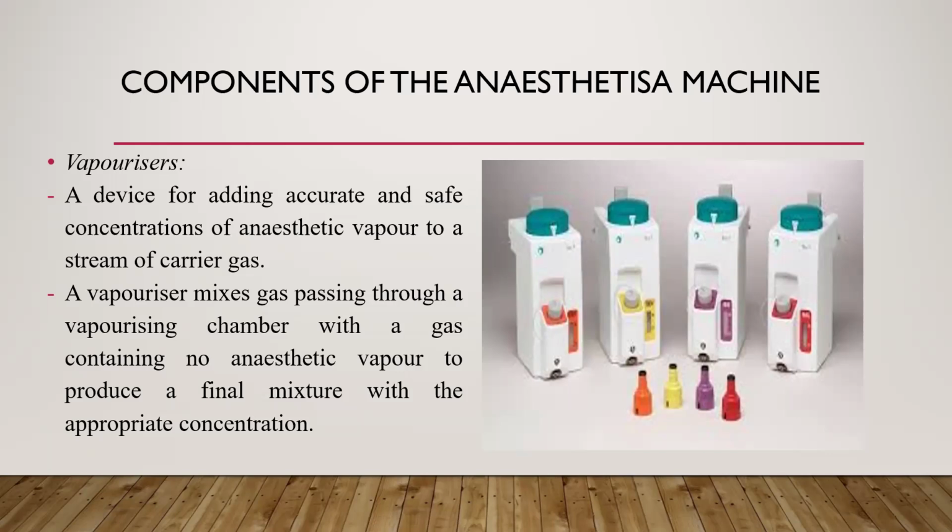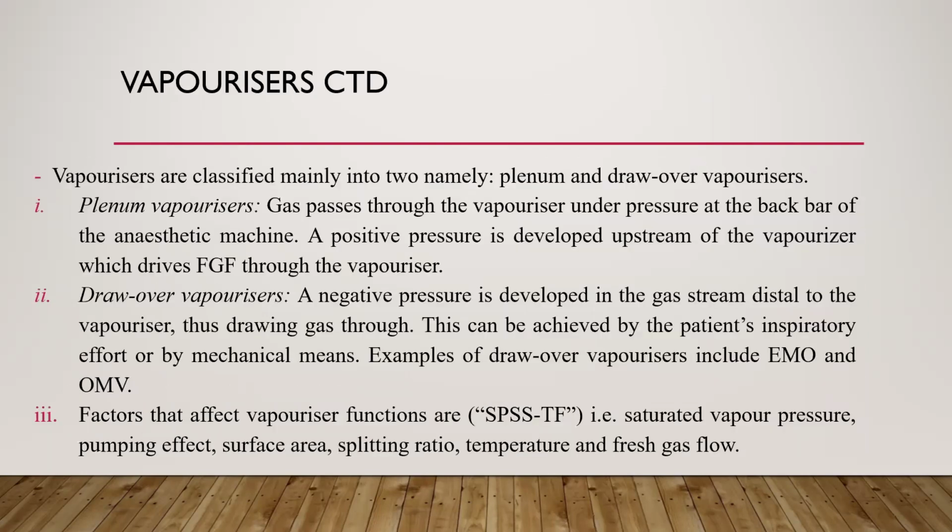This is how it is done, and we're going to look at some of the properties. There are different ways of classifying vaporizers. The two main types are the plenum and the draw-over vaporizers. In plenum vaporizers, you have gas under pressure being injected through the vaporizer at the back bar of the anesthetic machine.